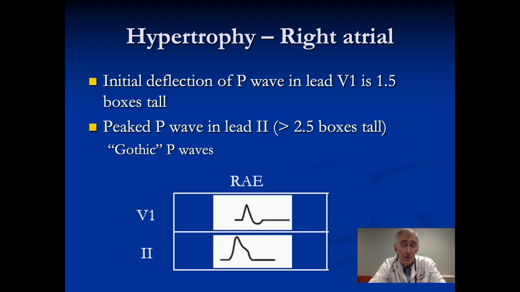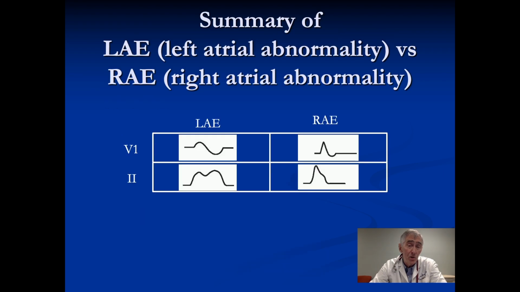Now you notice that I used millimeters instead of millivolts, but if you wanted to be more precise for a case write-up, you would just say that these are 0.25 millivolts in height here, and here in V1 it would be 0.15. So, all right, this is a nice summation of all of the atrial abnormalities that you might see.